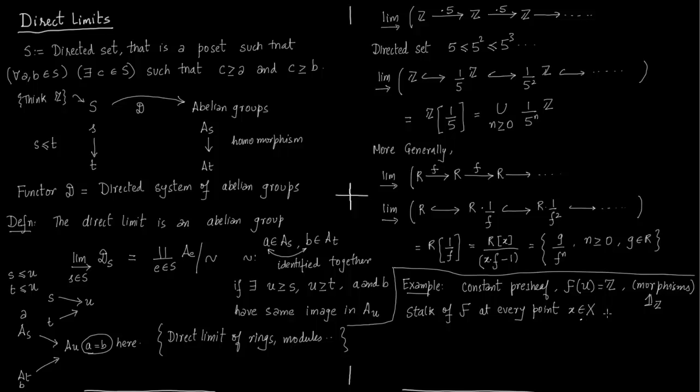So we have fixed a topological space X. We are considering open sets U of X, and we want to find the stalk at point x, and we are saying here in case of a constant presheaf it is just integers. So let us draw it out. So this is what the space X looks like.